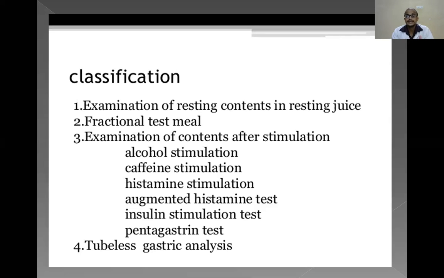In all these stimulation tests, the gastric contents are collected before stimulation and assessed, and the gastric contents are collected after stimulation and assessed. After stimulation also, they can be collected every 15 minutes or every half an hour depending upon the stimulation test. Okay.